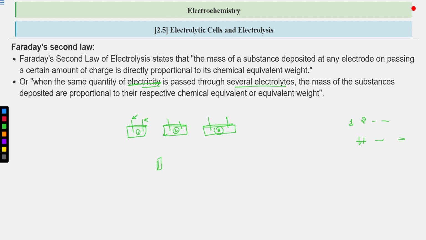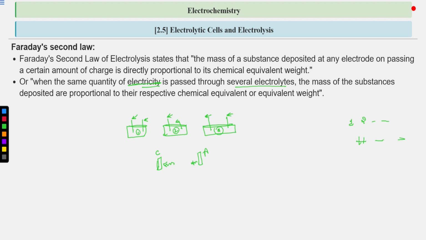So from the cathode the substance is depositing, and from the anode the substance is liberating, going out from the anode. Similarly it happens in the second cell and in the third cell too. So in all three cells the same thing is happening, and the same quantity of electricity is passing through these electrolytes.